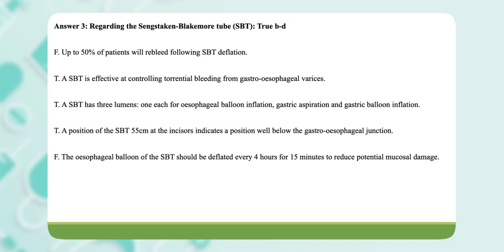The position of the SBT at 55 centimeters from the incisor will be below the gastroesophageal junction, yes, but you have to always check either radiologically or clinically as you do with a Ryle's tube. The esophageal balloon of the SBT should be deflated every 4 hours for 15 minutes to reduce the potential mucosal damage.